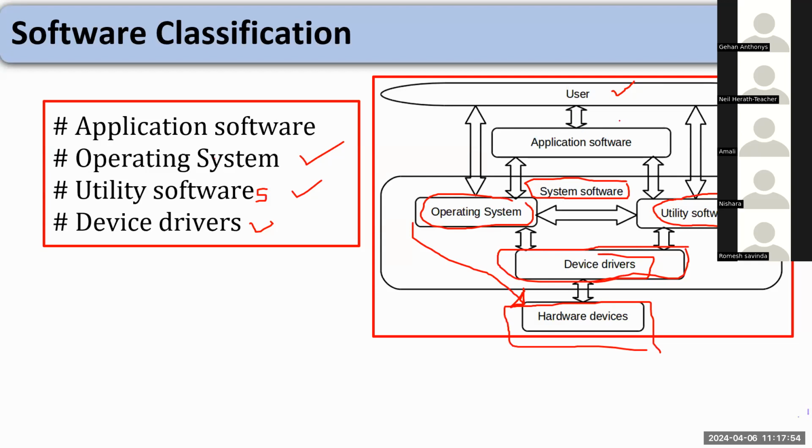So we use the application software. Here also there are multiple application software. So this is generally the software classification we will focus on during this course: application software, operating system, utility software, and device drivers.